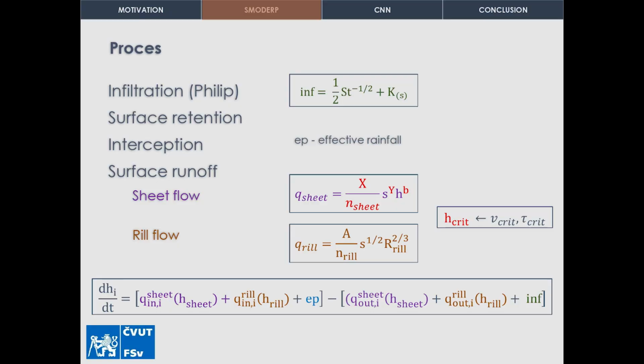If we look at the equations in the model, there are two surface runoff processes. One process is for sheet runoff, and the second process separates the water flow in the rills. The main important thing is a critical level of the water, based on velocity or shear stress of the water on the surface.